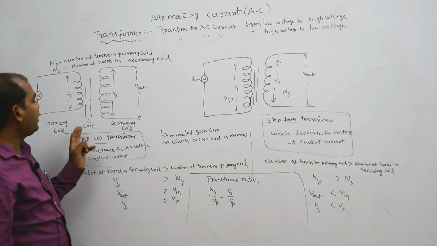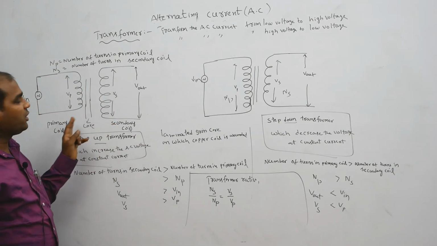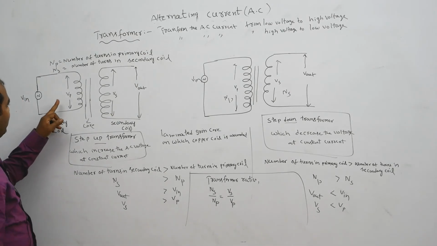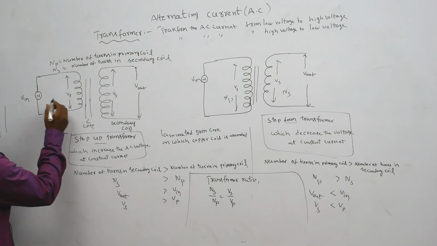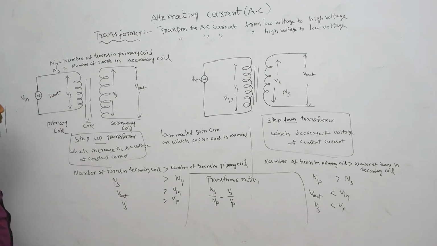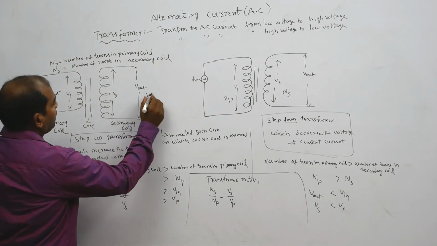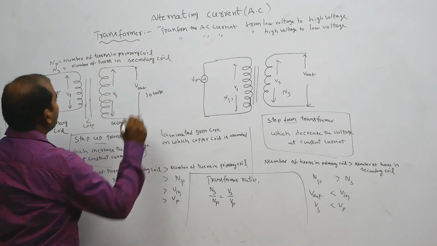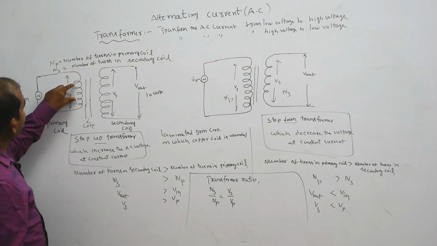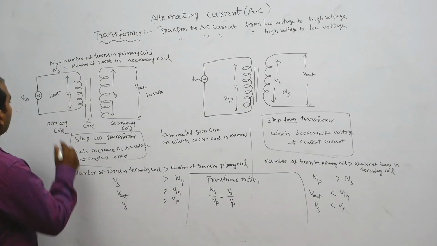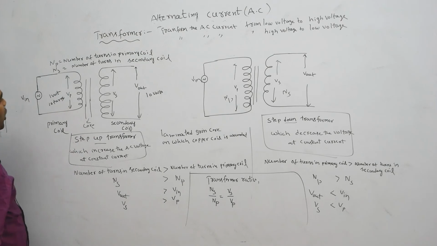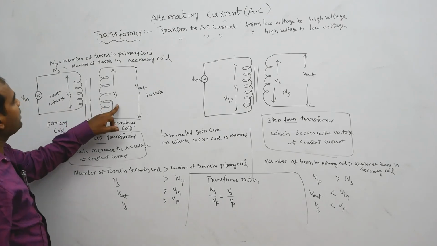In whatever ratio the voltage is increasing, the turns are in the same ratio. For example, in case of Vp, 1 volt is given and we get 10 volts output voltage. If there are 10 turns in the primary coil, how many turns can be in the secondary coil?